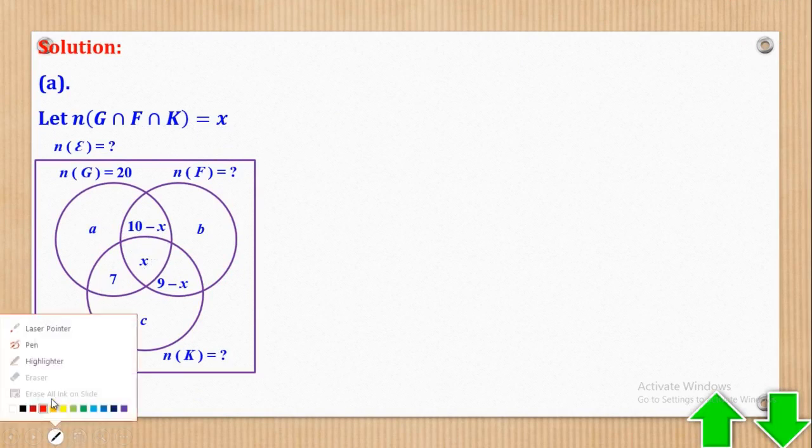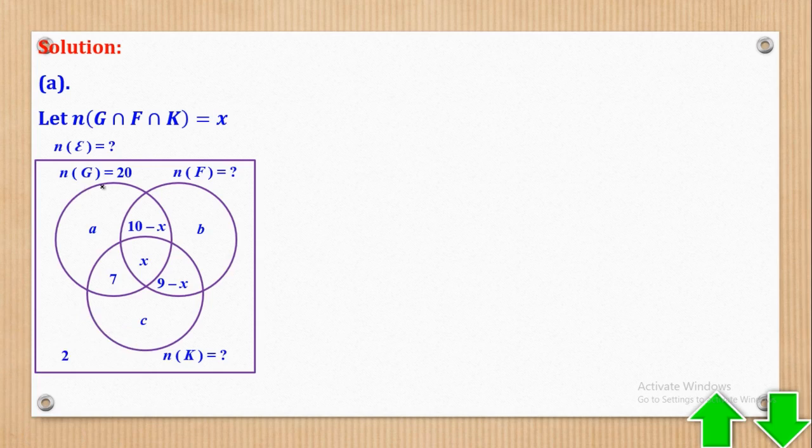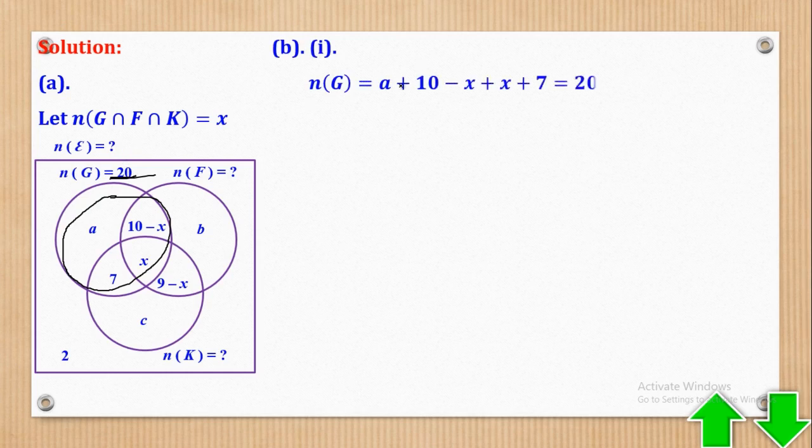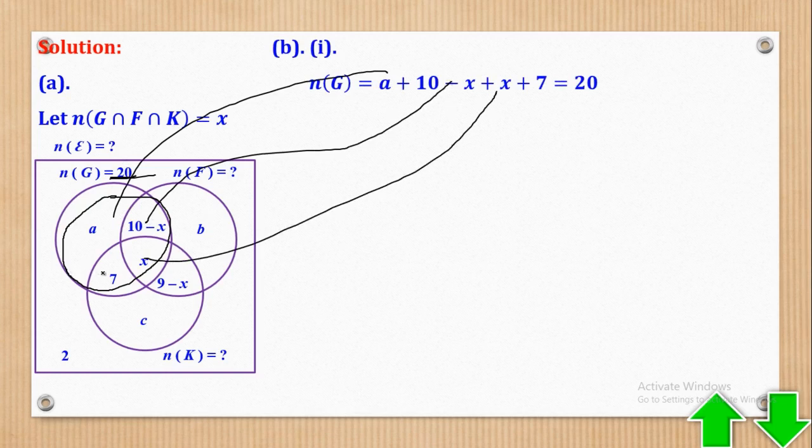So the first thing to do is to remember that this n(G) at least was given, meaning that when you add all these ones, you'll be able to get 20. So I'll come here and say that n(G) is equal to A plus this 10 minus X plus this X plus this 7, must be equal to that 20.